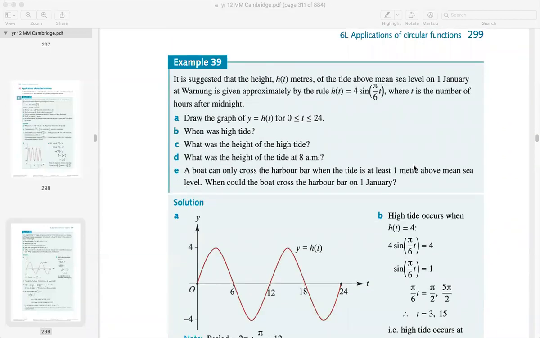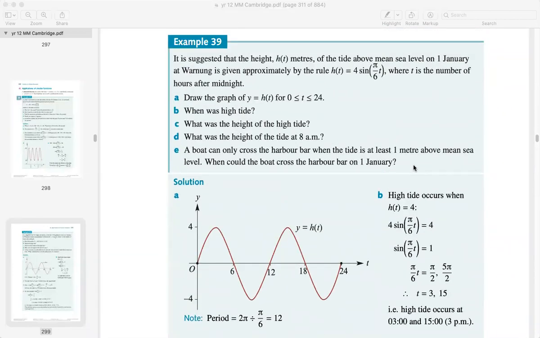And again, let's look at question 39. It's just like a hat. See, above the mean sea level is like the sine curve, right? And sometimes we make some adjustments, like it must be above 2 and below 3.